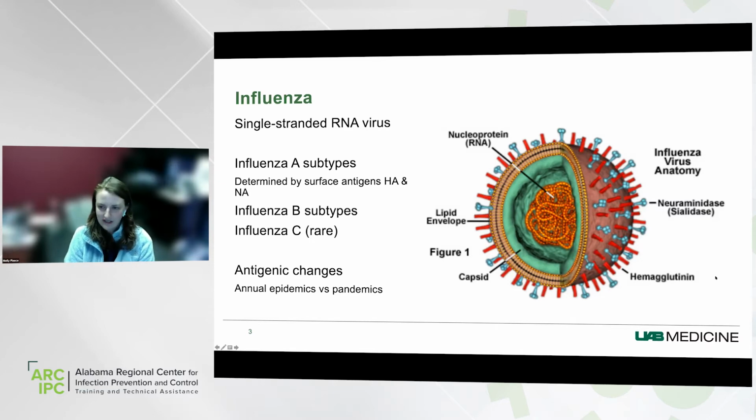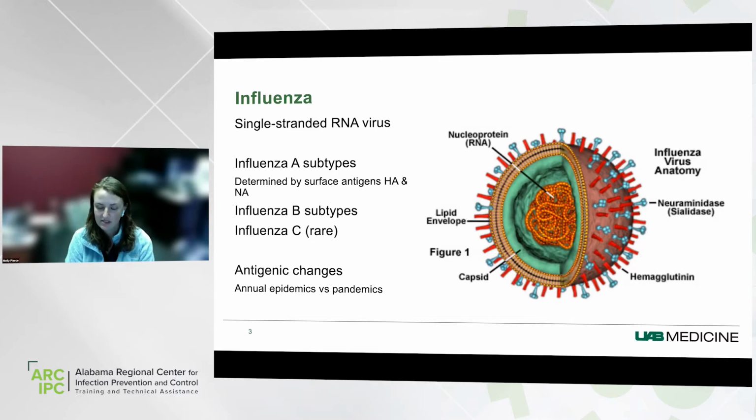And with those slight changes, it changes enough of the virus each year to cause a new influenza epidemic, meaning rampant circulation in the community, but that's a localized community, so within the US, for example, or within certain countries. And with those single changes or slight drifts in these antigens, that is what prompts or causes these epidemics.